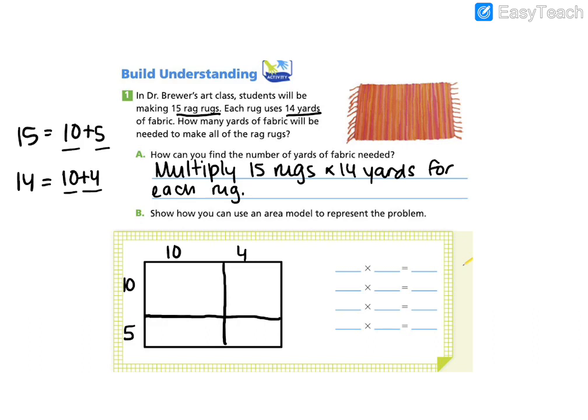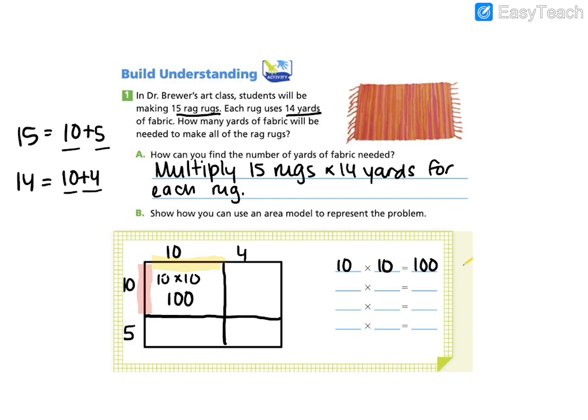All right, so let's go ahead and start with our first partial product. This line is equal to 10, and this line is equal to 10. So the equation for this section is 10 times 10. So we can go ahead and write that over to the side. 10 times 10, which is equal to 100.